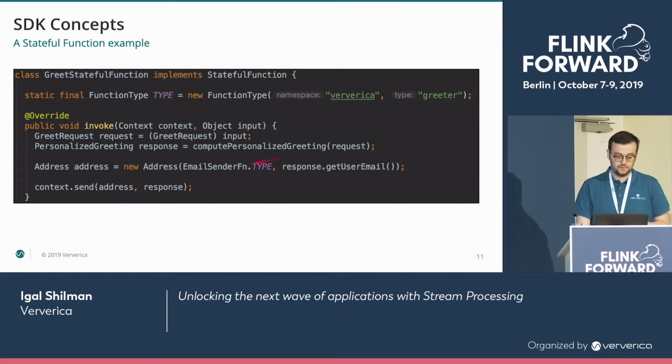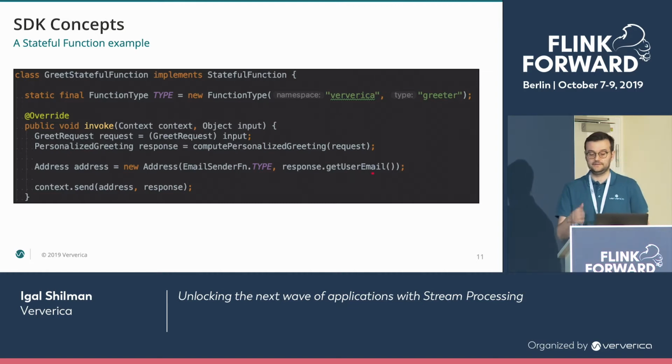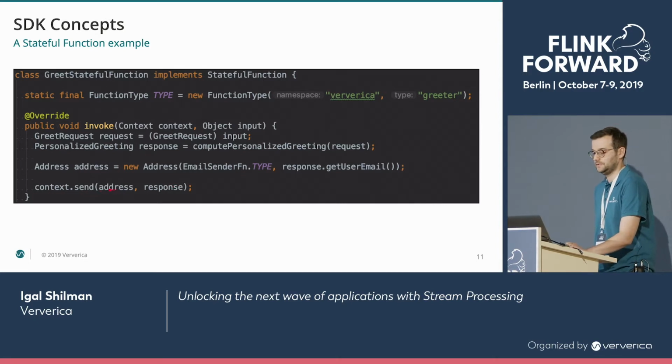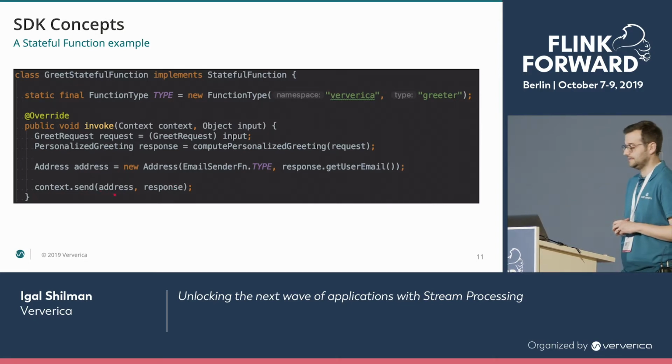All we have to do to send a message to that instance of a stateful function is compose this address, where we specify the function type and the ID part of it, the key, and we just tell the stateful function framework to send this message to that address, and that's it.